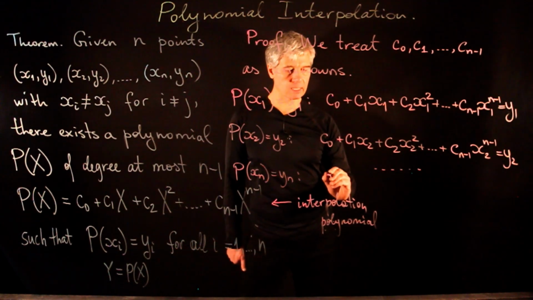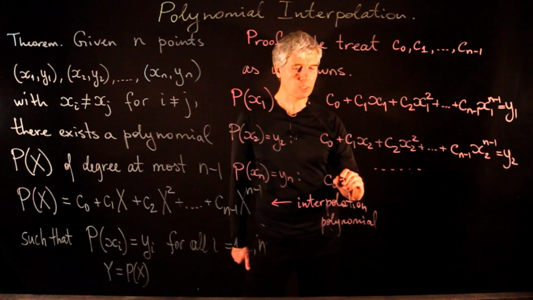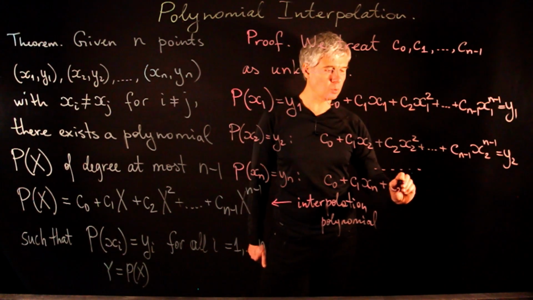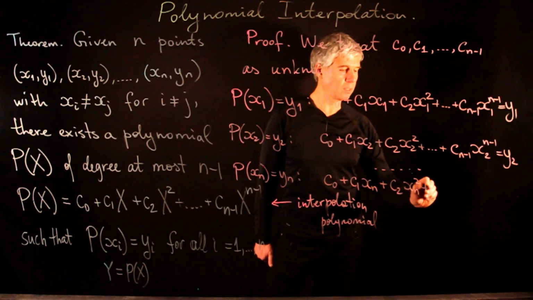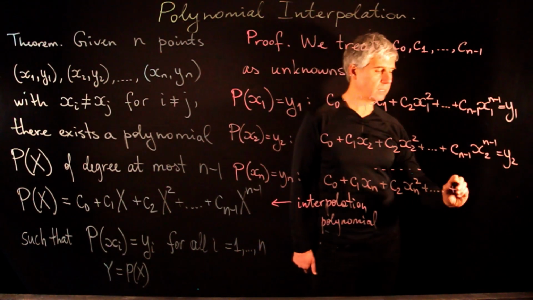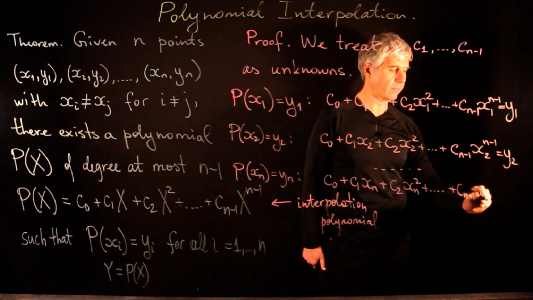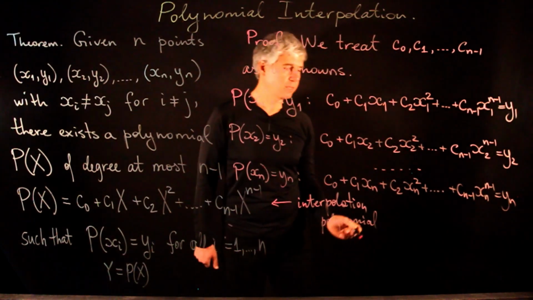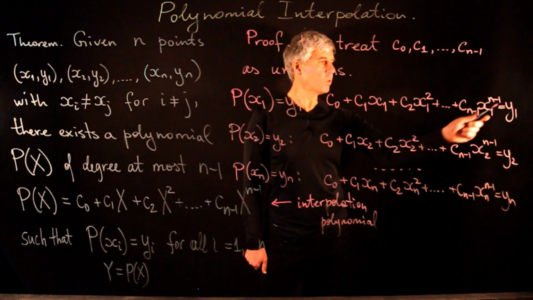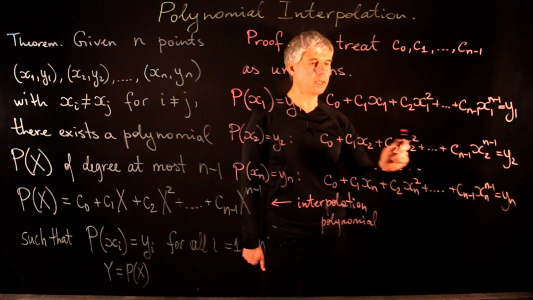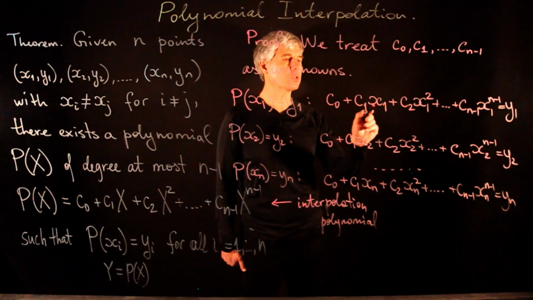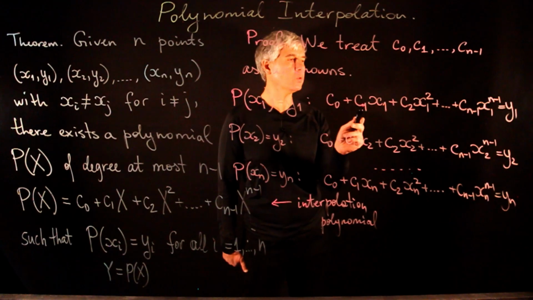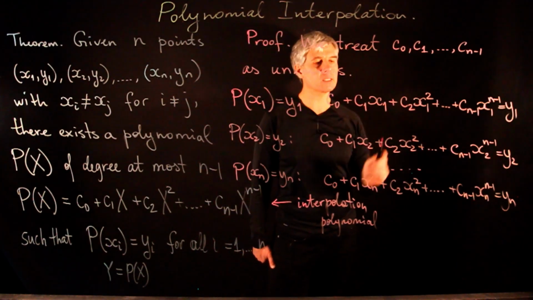So this gives us the equation c0 plus c1 xn plus c2 xn squared plus ... plus c(n minus 1) xn to the n minus 1 is equal to yn. Now, here we know the values of y's, and we know the values of x1 through xn. So the unknowns are c0, c1, and c(n minus 1).